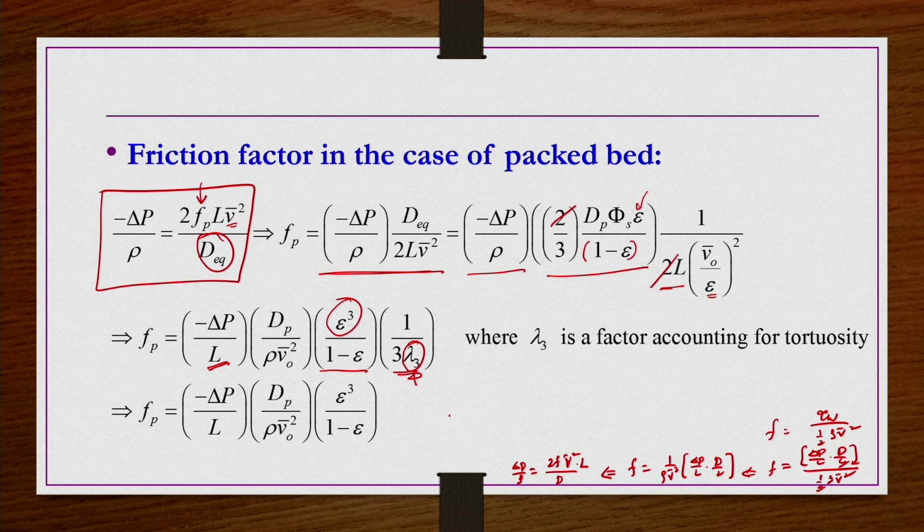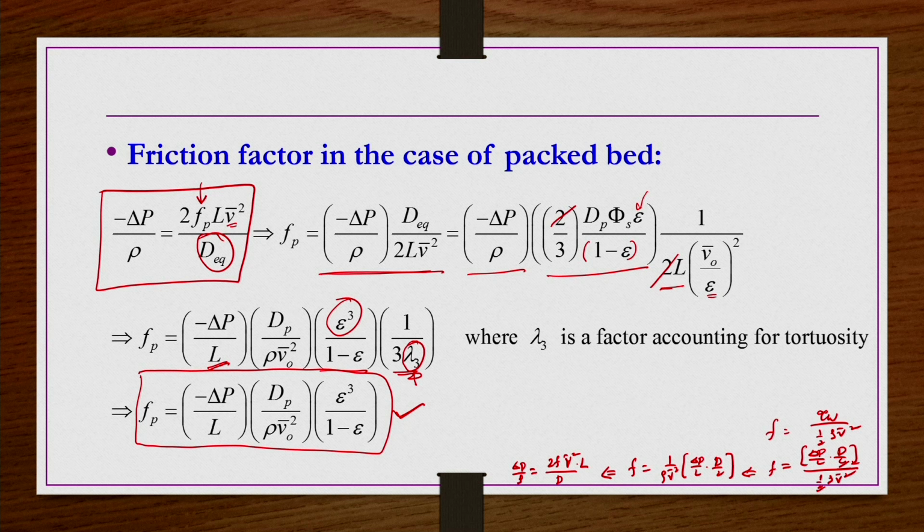However, when you do the dimensional consideration, you take only the parameters; we do not take the constants, or those can be clubbed with the other constants of the final equation that we are going to derive. So, without 1 by 3 lambda 3 it has to be defined because of the dimensional considerations.